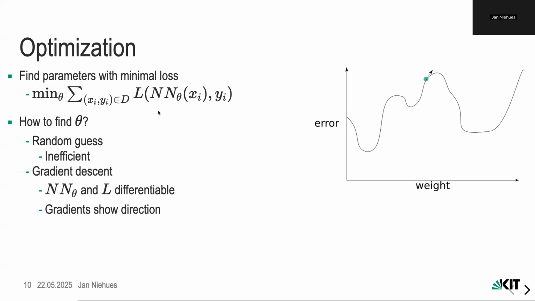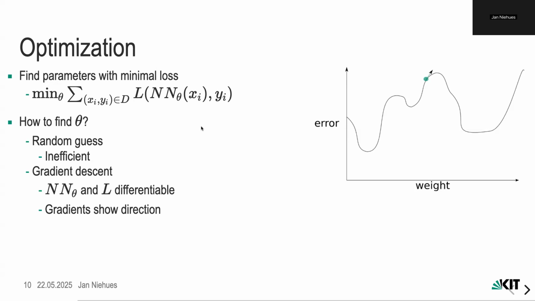So the question is, how can we now optimize? The nice thing is we have defined our learning goal as just an optimization problem. So we can optimize that. The question is, how do we optimize it? Since random initialization worked quite nicely for finding a good starting point, we could just do that a lot of times.